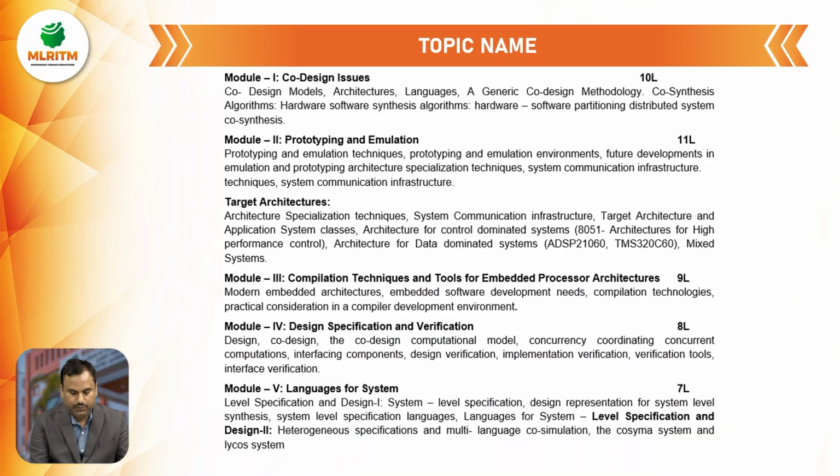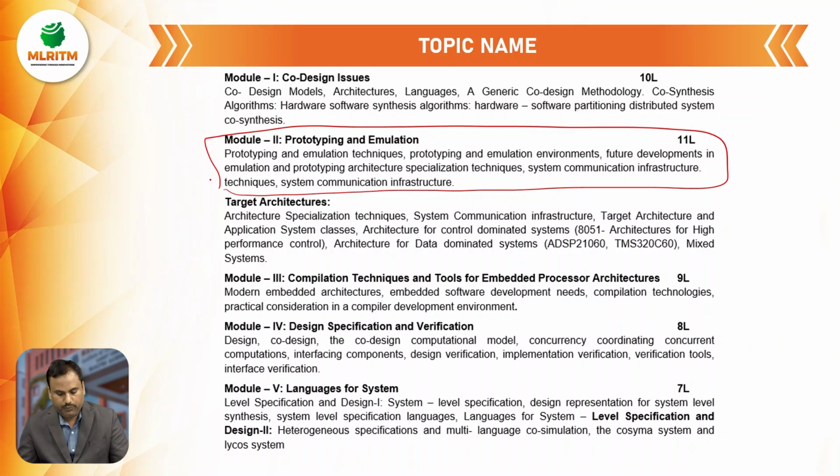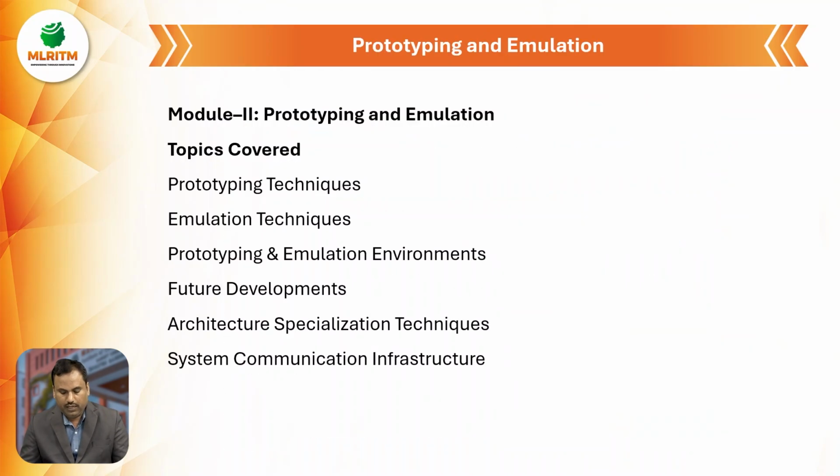So this is Unit 2, that is Module 2, prototyping and emulation, and it consists of several topics: prototyping techniques, emulation techniques, prototyping and emulation environments, future developments, architecture specialization techniques, system communication infrastructure. These are the topics we are going to cover today.